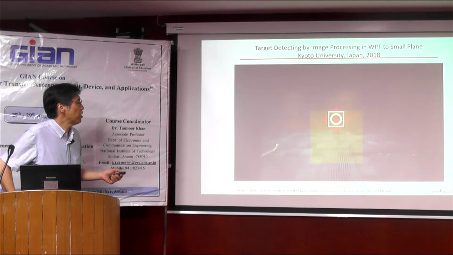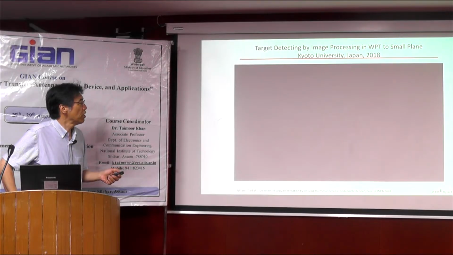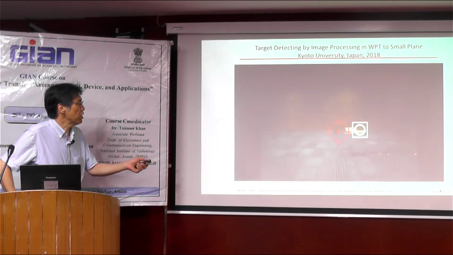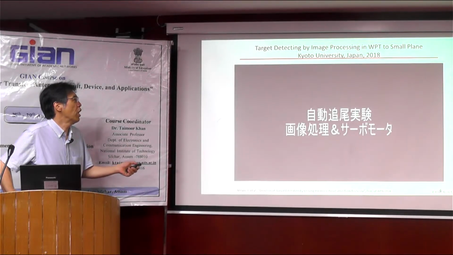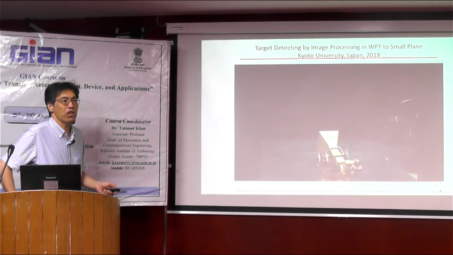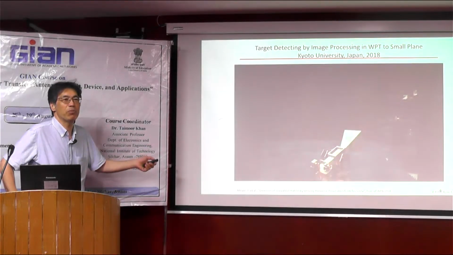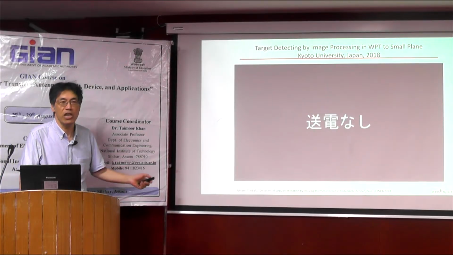So this is a very simple image processing target detecting. So here you can see we can chase the position of the airplane by the image processing. So we succeeded to provide wireless power to the small flying airplane in this case.